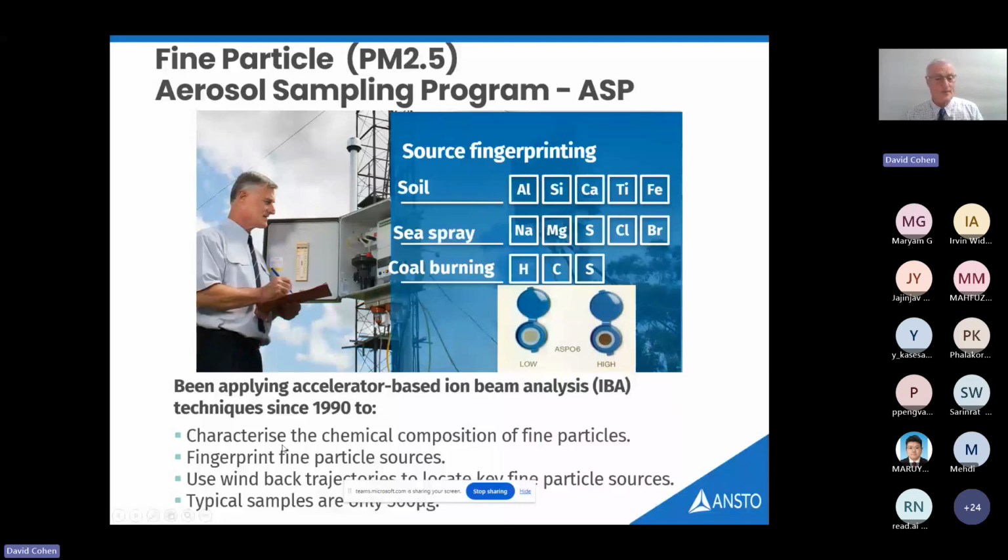And you can see there, we can characterize them up to 30 different elements that we can measure, and we can fingerprint the source by looking at the elements that are associated. So sea spray has got sodium and chlorine in it because it's salt, it's got sulfur, about 8%, it's got bromine content. So if we measure all these elements, we can see they're all associated and correlated, we can say that's sea spray. So instead of looking at elements, we can actually look at individual sources. And again, we can do this on 300 microgram samples.